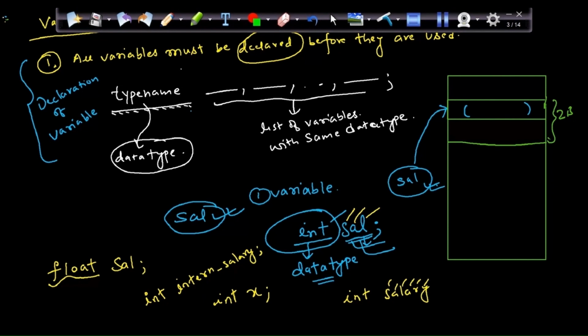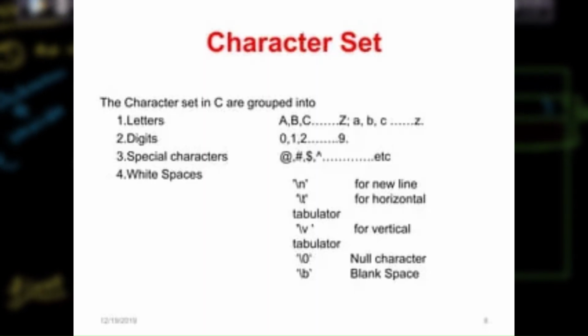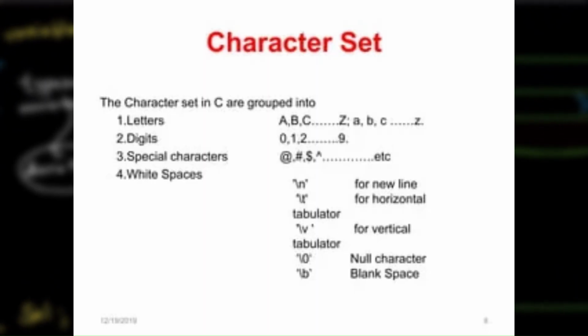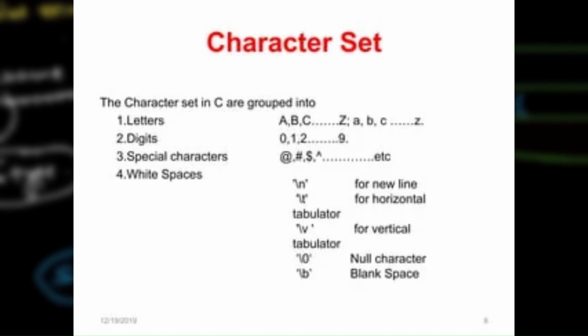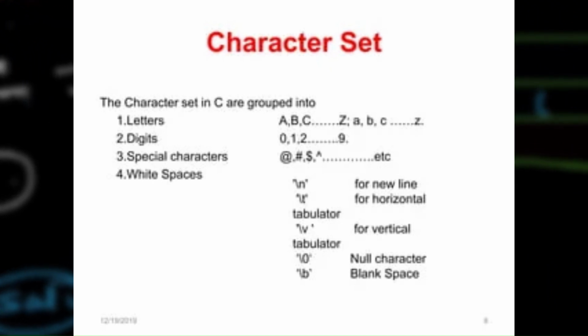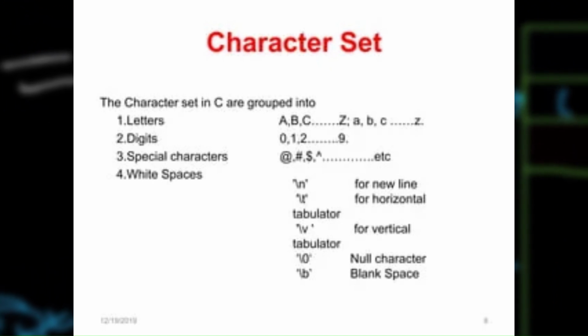Right now I am giving a name to a variable, so the characters I use will be from that character set only. And the character set of C basically consists of alphabets, uppercase and lowercase, digits, and white spaces.